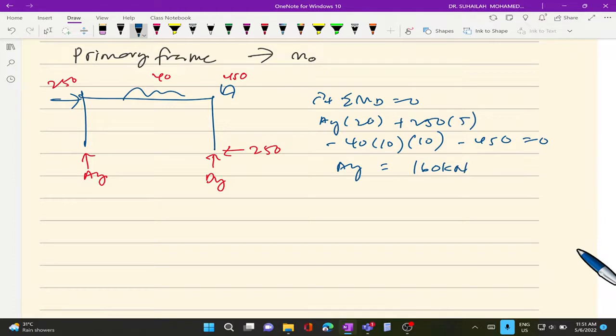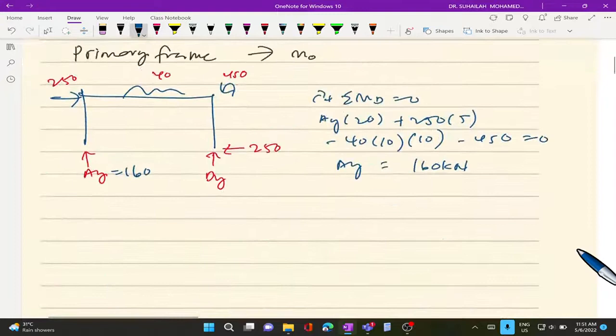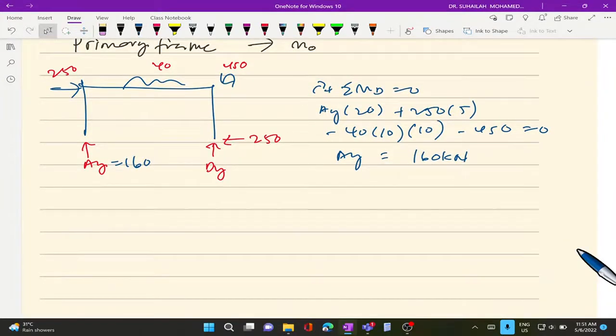Okay, the rest can check whether this is correct answer or not. Okay, this is 160. So from this, AY is 160. So DY is 40 times 10, we minus by 160. It is 240.